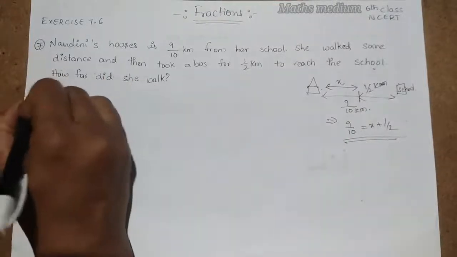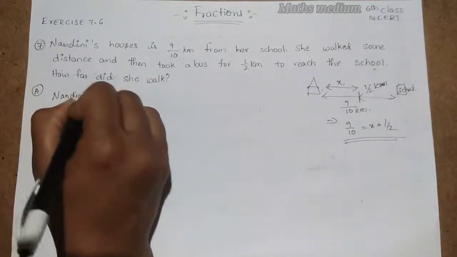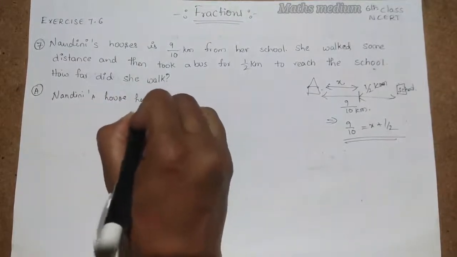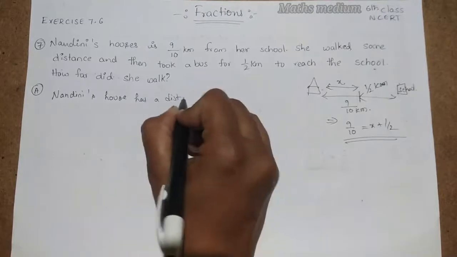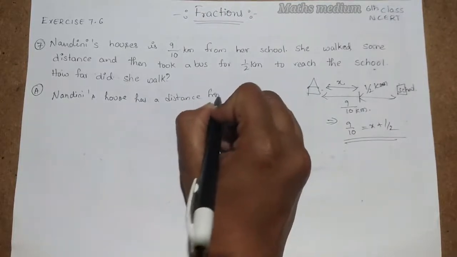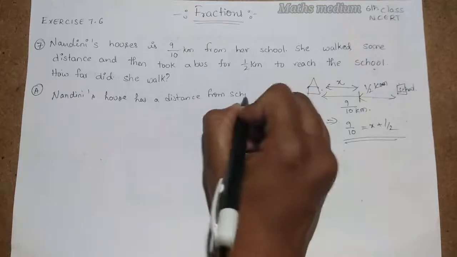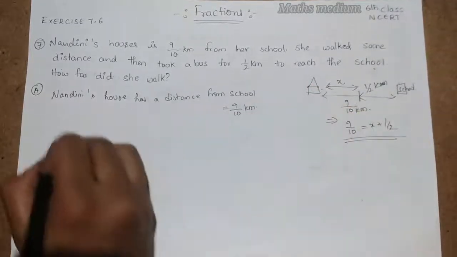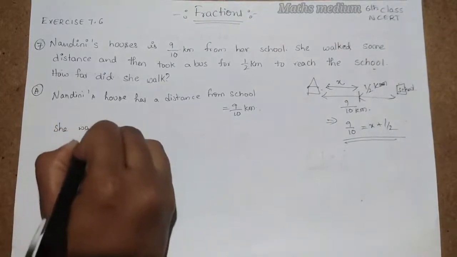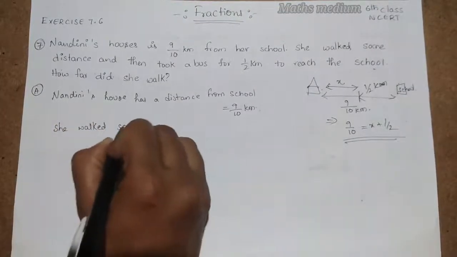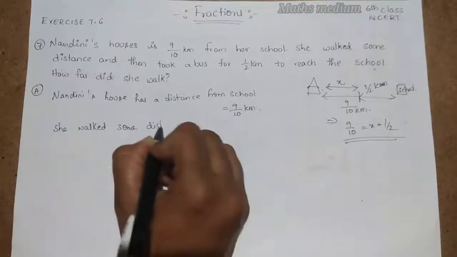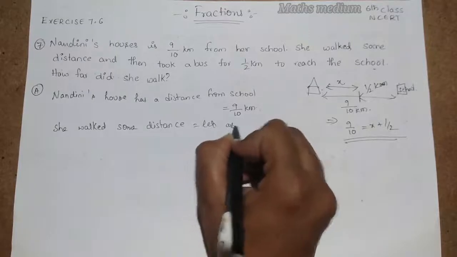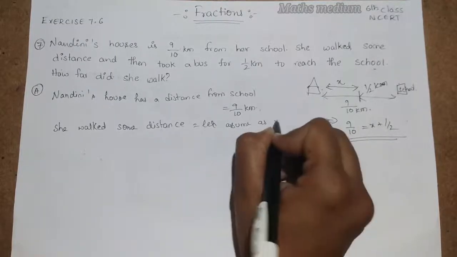So let's start with the answer. Nandini's house has a distance from school equal to 9 by 10 kilometers. She walked some distance. Let's assume it as x.